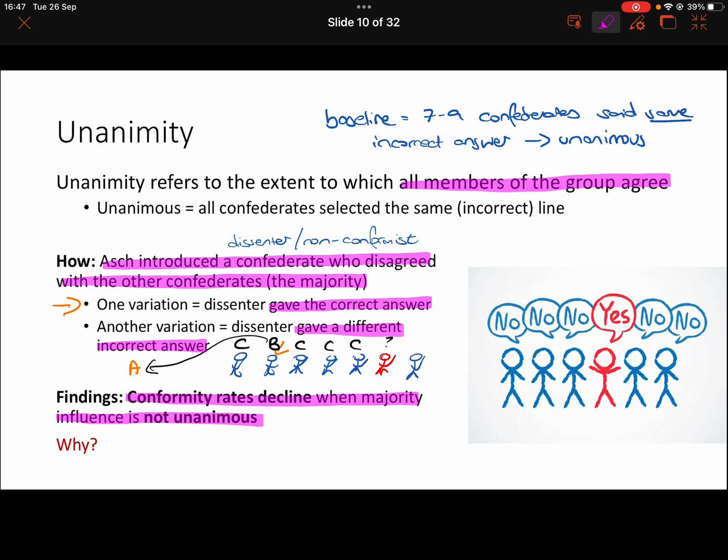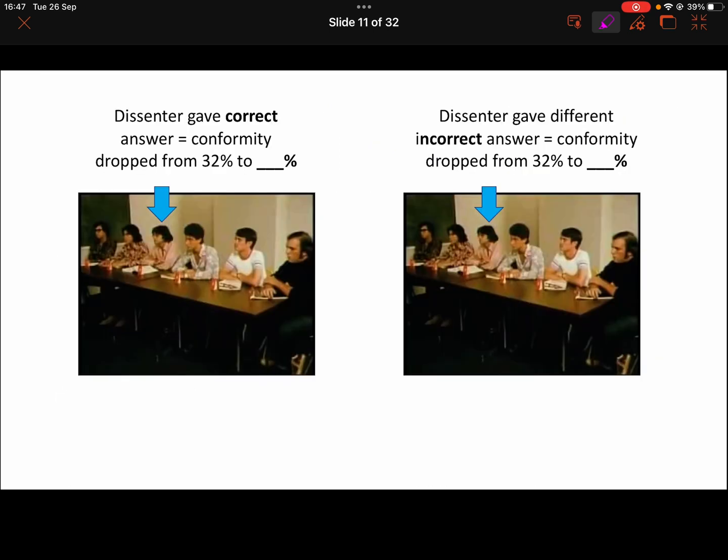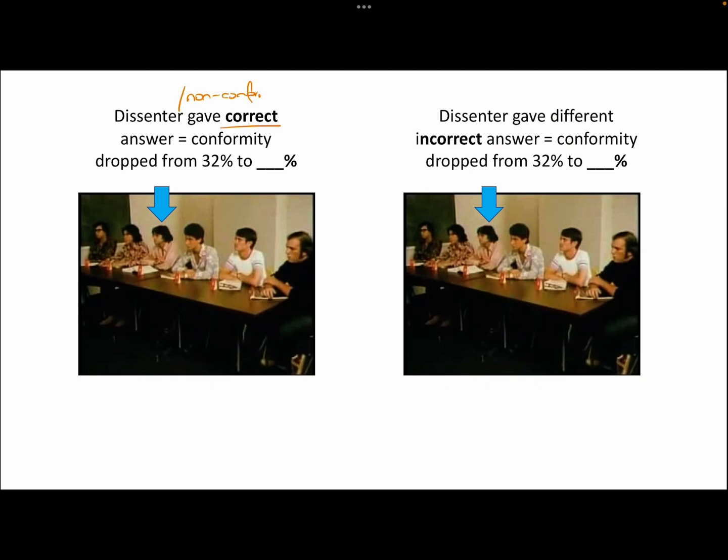Why is this happening? First, let's have a look at the 2 different variations that Asch tested. In the first variation, this is where our dissenter or our non-conforming Confederate gave the correct answer. In this variation, conformity dropped from 32% in the baseline study to 5.5%. On average, participants conformed to the majority 5.5% of the time. Why?